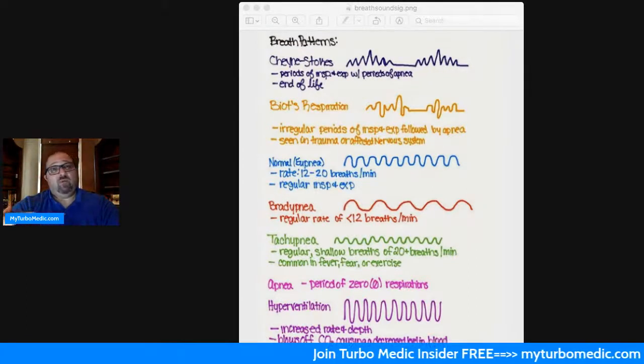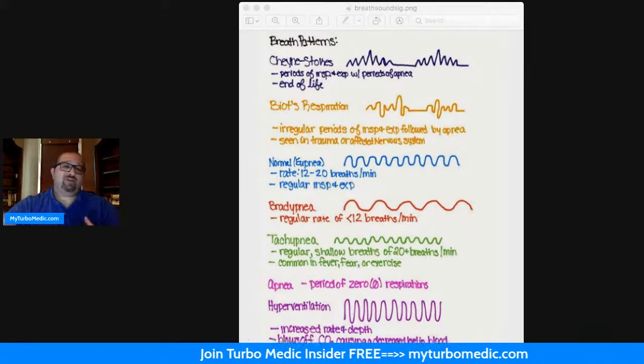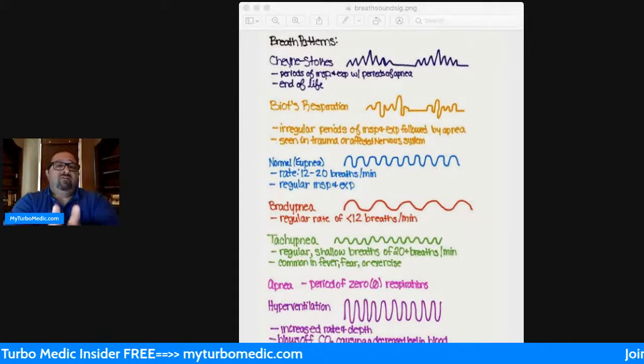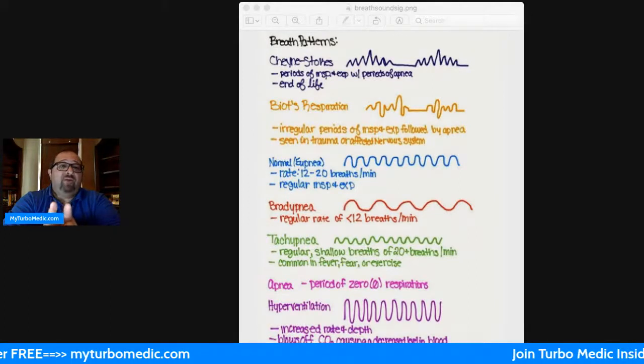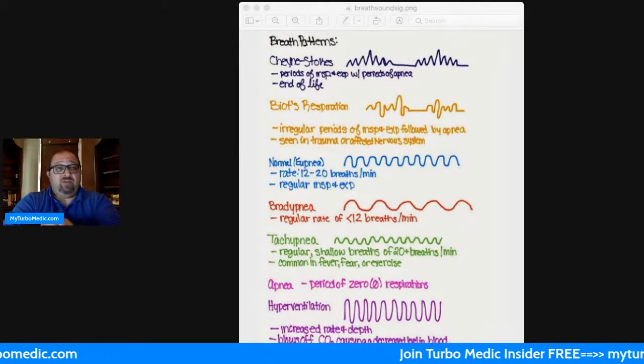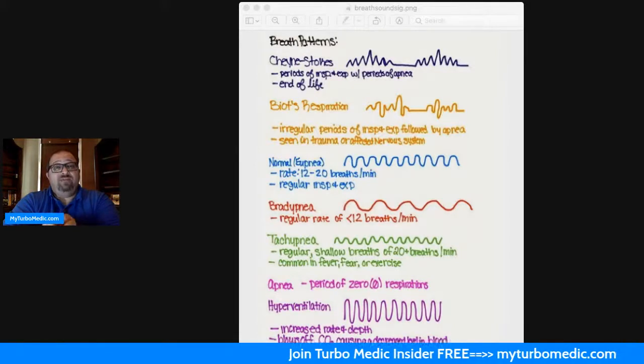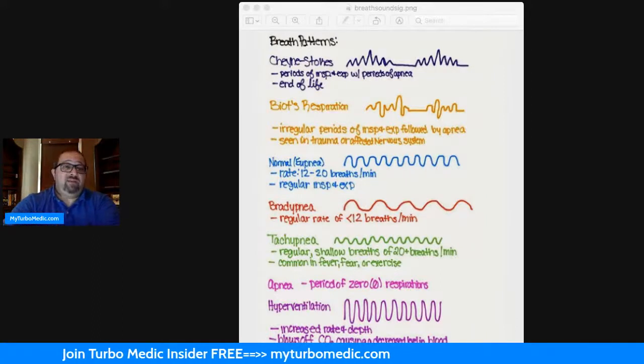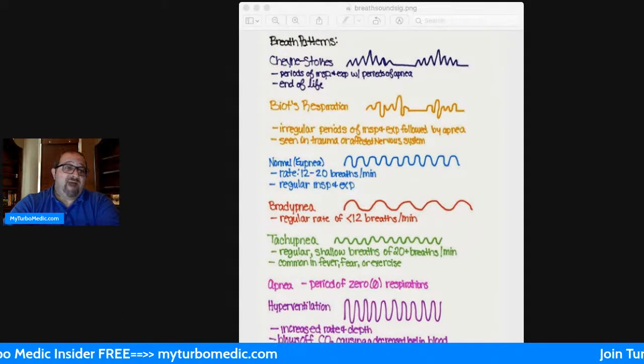But it's also great when you talk about taking an exam, whether it's the National Registry or anything else, when they can't show you a video of a patient breathing. I know National Registry is thinking about doing stuff like that, right? But most exams, they're not going to show you a patient breathing in these different patterns.